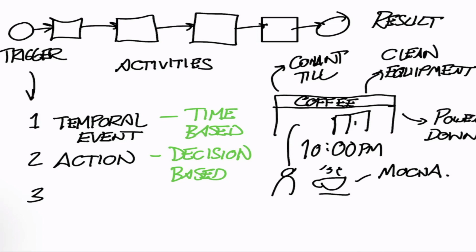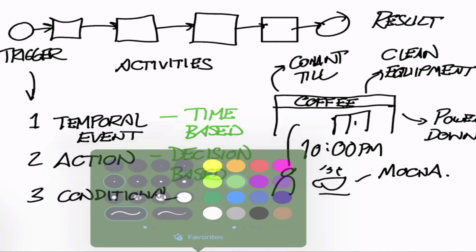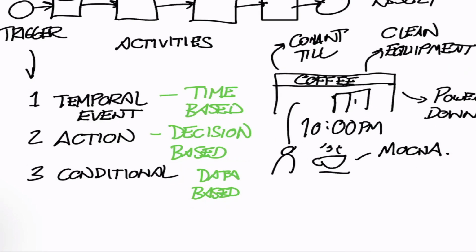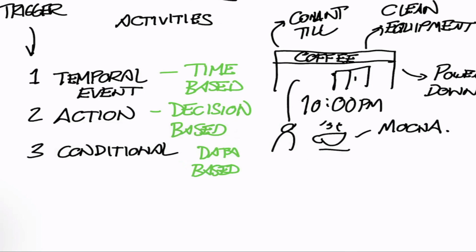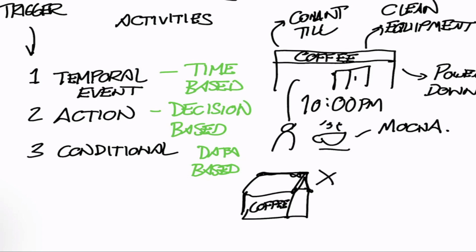The next is a conditional. A conditional is also data-based. What does this mean in the context of the coffee shop? Just say I have a bag of coffee beans, and let's say I have 10 of those.